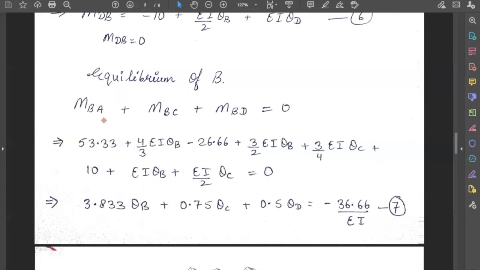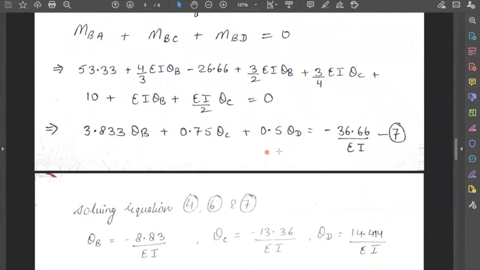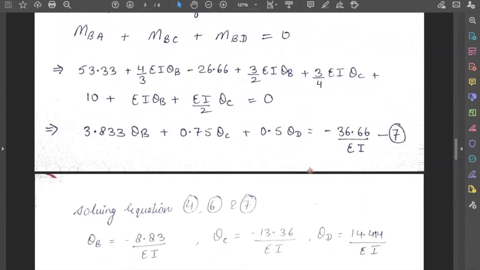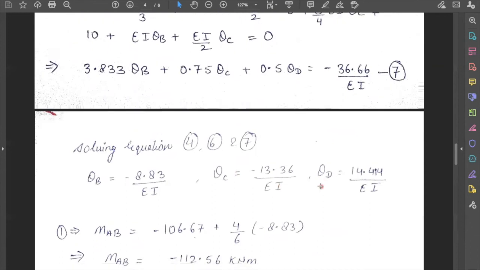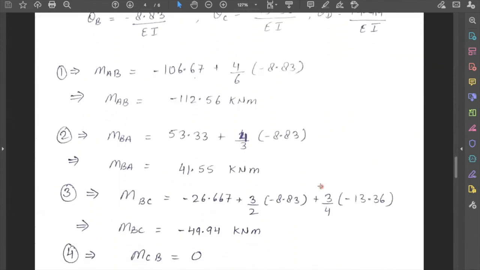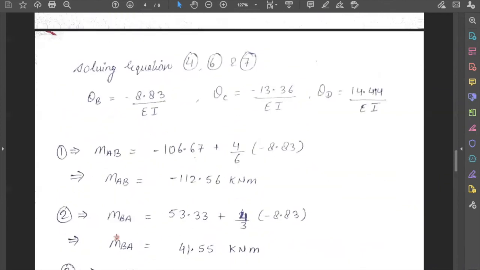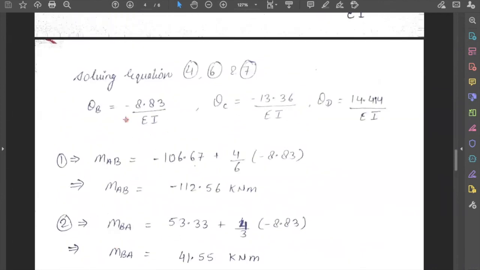We back substitute the values of MBA, MBC and MBD equal to 0 and we get the 7th equation. Now from all the 7 equations, we can simultaneously solve and get the values of theta B, theta C and theta D. Now we can also write the corresponding moments of the span by substituting the values of the slopes.